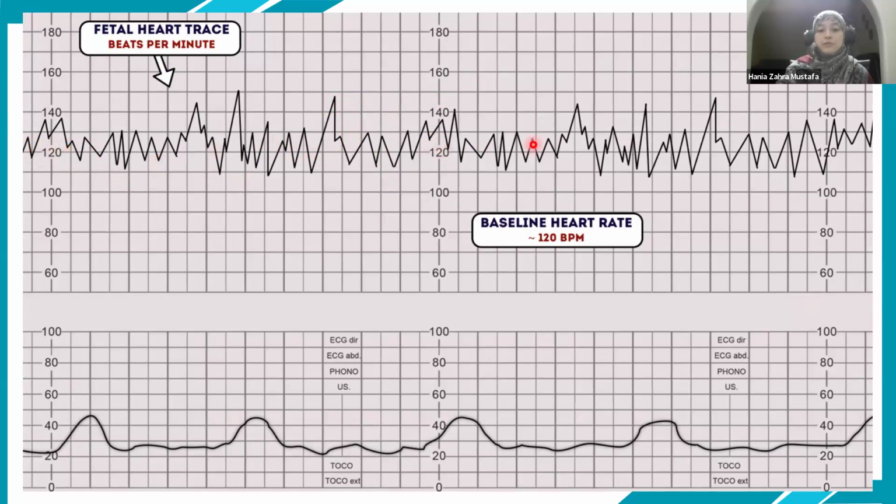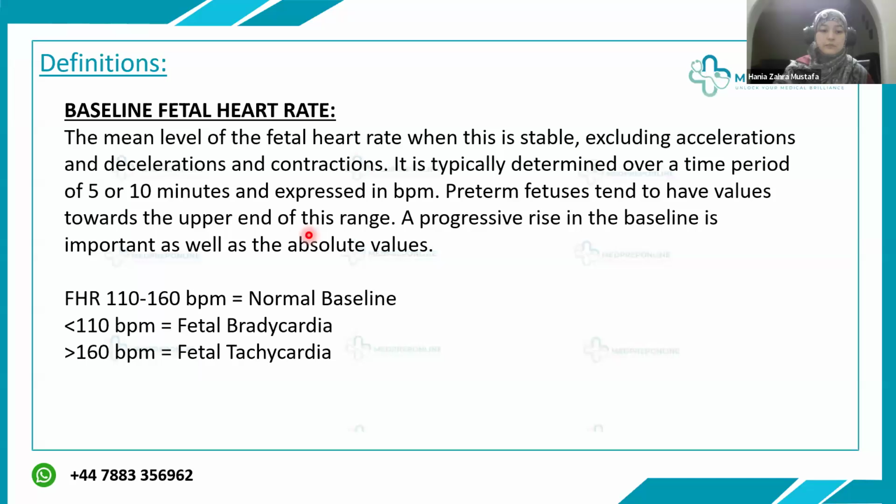So on average, if you make a line here, you see that the average fetal heart rate is about 120 beats per minute. So this is the baseline fetal heart rate. The normal baseline fetal heart rate is between 110 to 160 beats per minute. If it is less than 110, it is fetal bradycardia. And if it is more than 160 beats per minute, then it is fetal tachycardia.